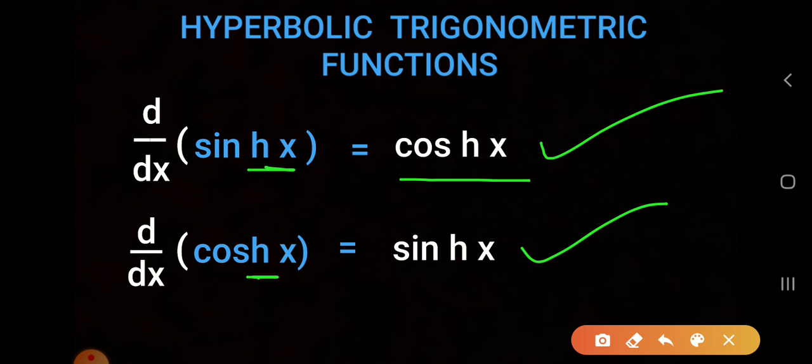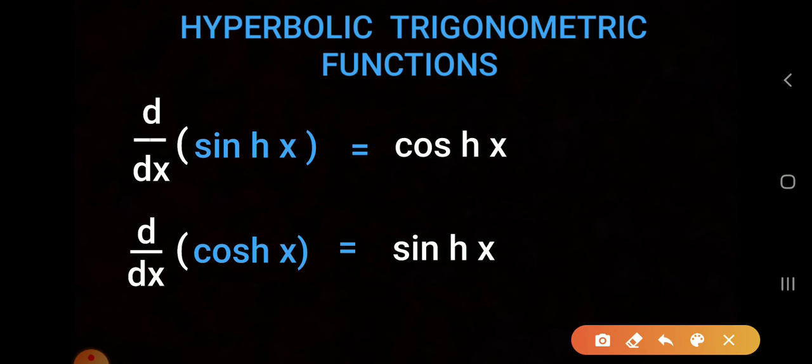But here in hyperbolic, we never get a minus. Just remember, here we won't write minus before the sine hyperbolic x.